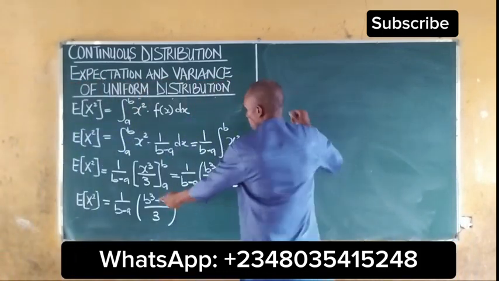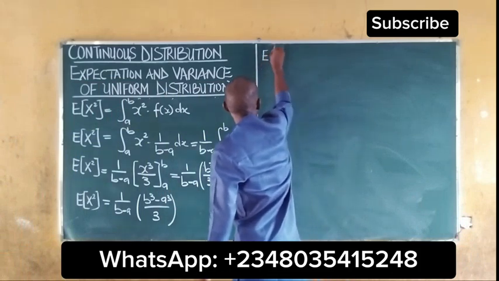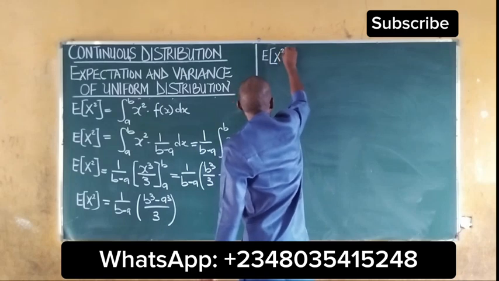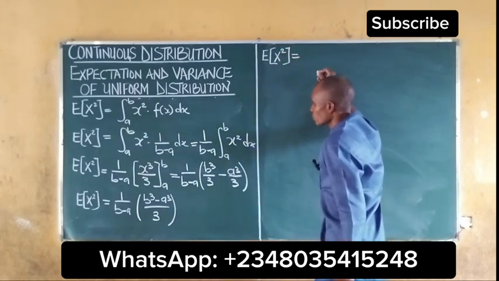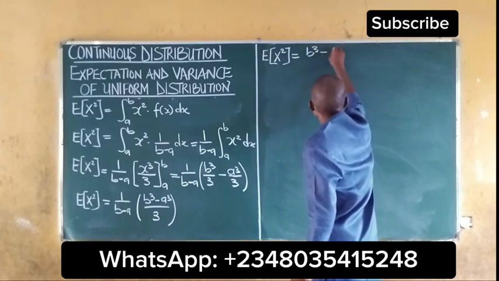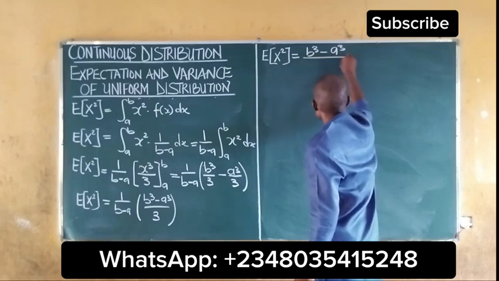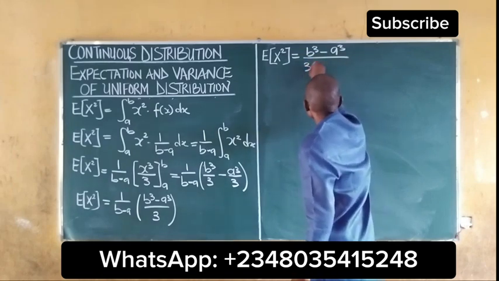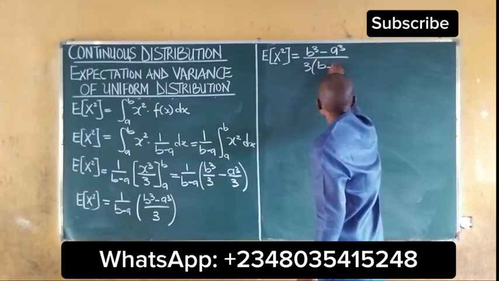So our expected value of x squared will be equal to b cubed minus a cubed all over 3 into b minus a.